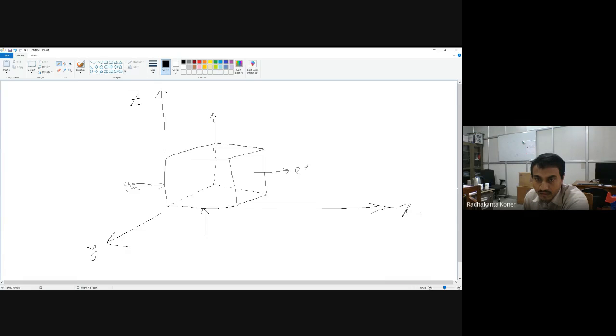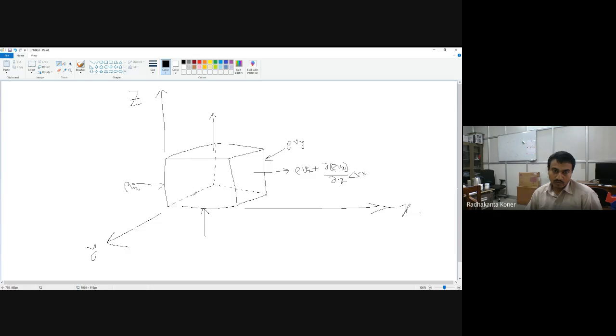Out is Vx plus del Vx divided by del x, del x. Similarly, in this direction it was y.